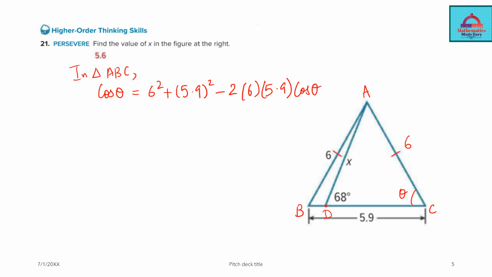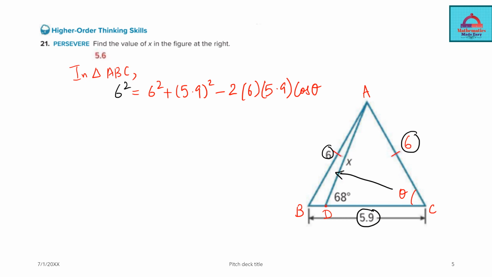Now I'm going to just correct this a little bit. If you see angle theta, the opposite side is 6. So this 6 square is going to be 6 square plus 5.9 whole square minus 2 times 6 times 5.9 cos theta. This is the formula that you use for cosine rule.